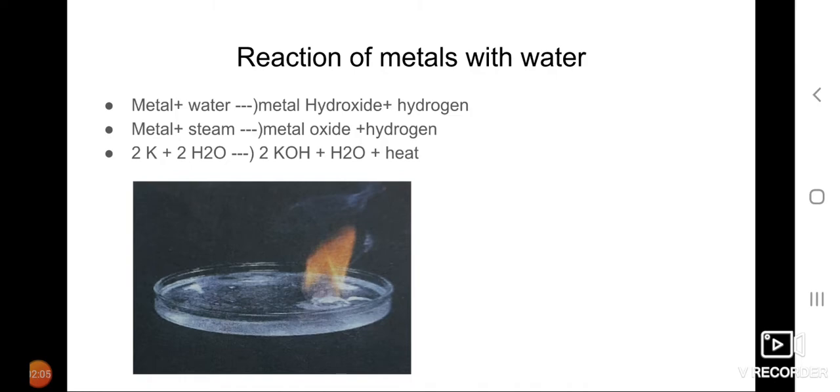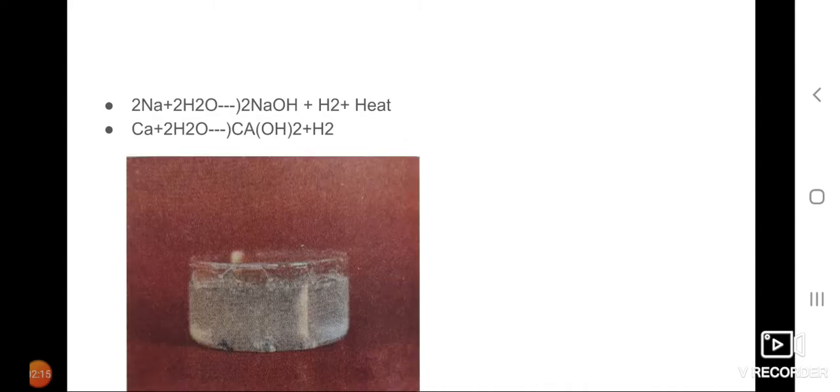Potassium reacts with water and we get potassium hydroxide, hydrogen, and lots of heat gets generated. Next, sodium plus water. Again, sodium is highly reactive. So here we get sodium hydroxide plus hydrogen and heat.